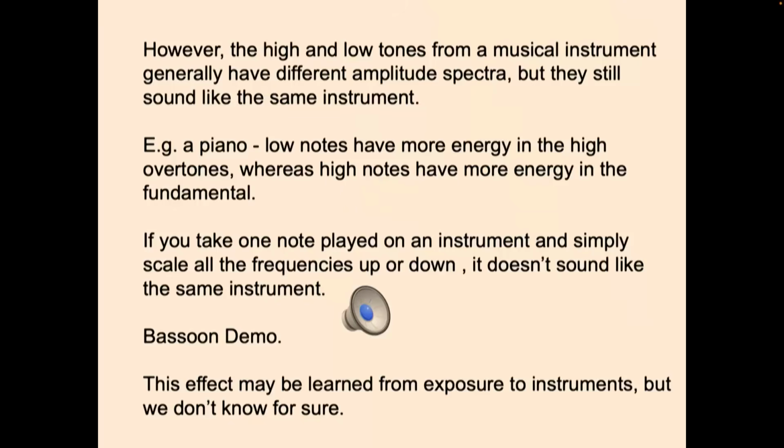The basis for that kind of effect is still not known. It's probably learned from exposure to instruments, but we don't really know. And I should say that the reason why the bassoon has that acoustic property is fairly straightforward, which is that a lot of instruments have a relatively fixed filter.